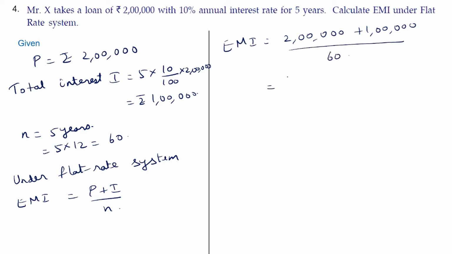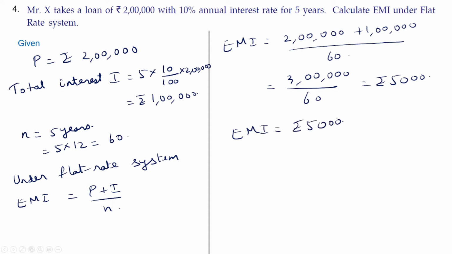N is 60. So it is 3 lakhs upon 60, which is rupees 5,000. So EMI is equal to rupees 5,000. So this is an example for calculating EMI using flat rate system.